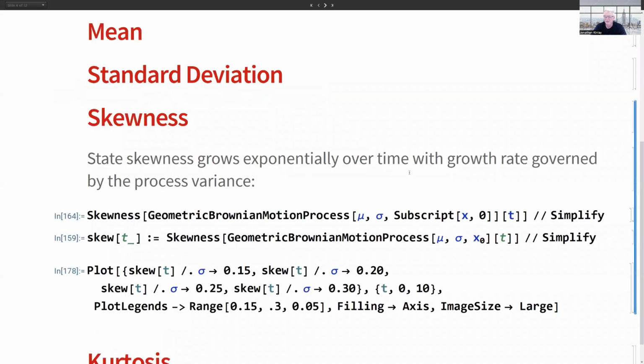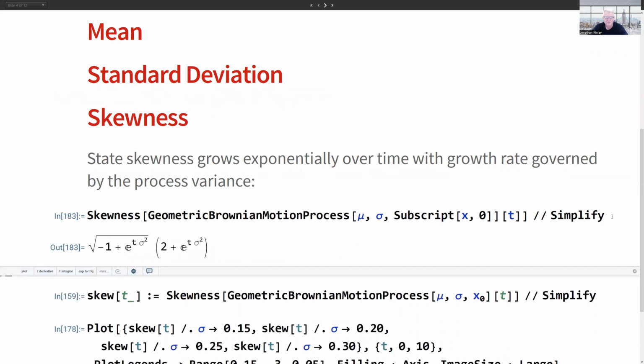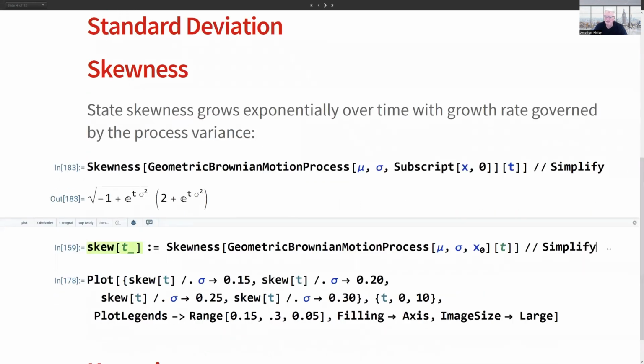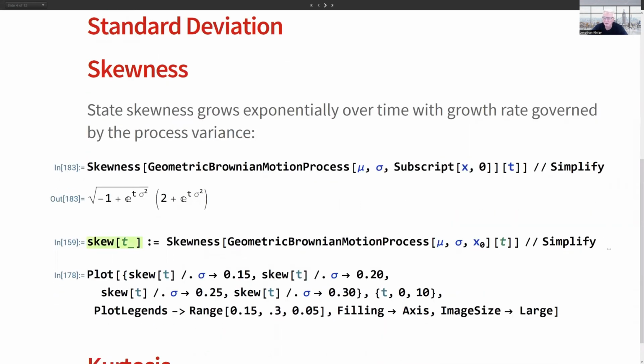Turning now to the higher moments, beginning with the skewness, we find that the skewness of the state of a GBM process is given by this expression, and it grows in proportion to e to the t sigma squared. Let's define a function that calculates the skewness of the GBM process at time t.